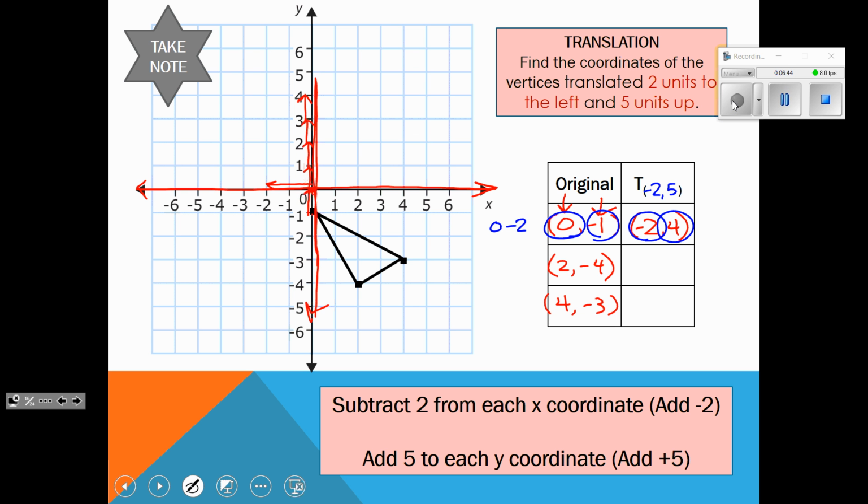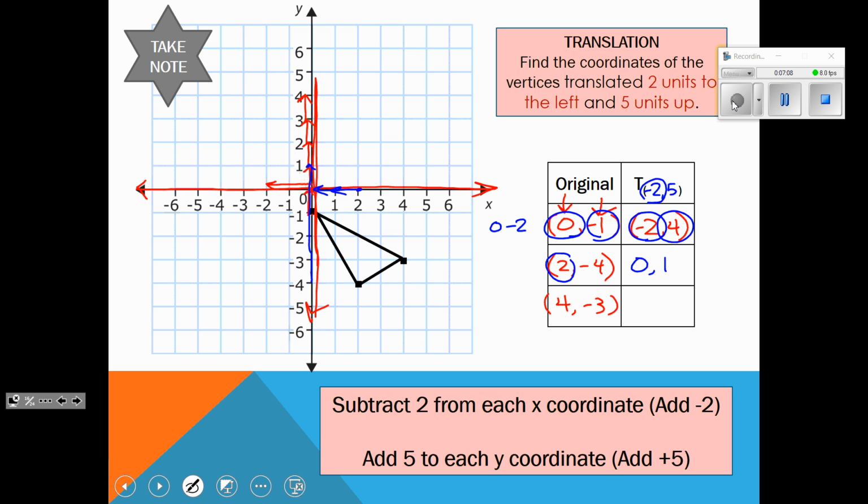So if we do the next ordered pair, we have 2, but from 2 we want to subtract 2. So 2 minus 2 would be 0. And then for the y, -4, we want to go up 5 or do a +5, and -4 plus 5 would be 1.